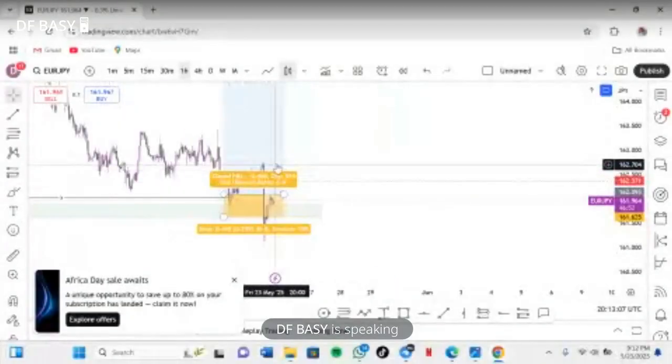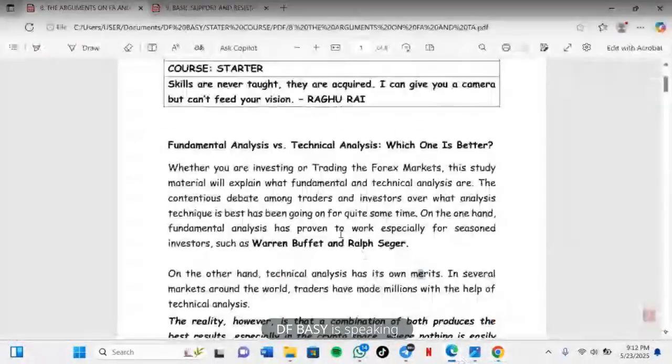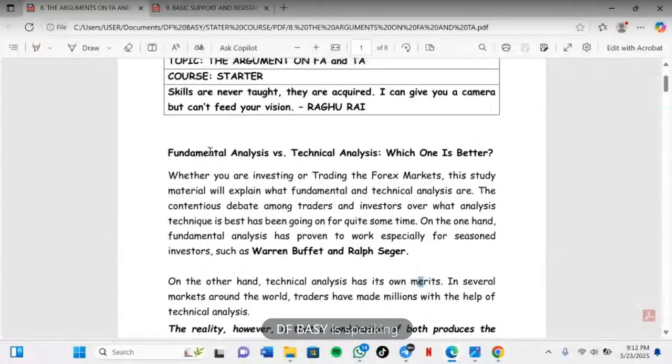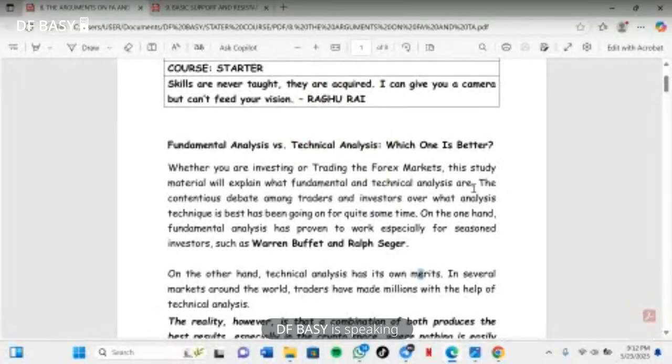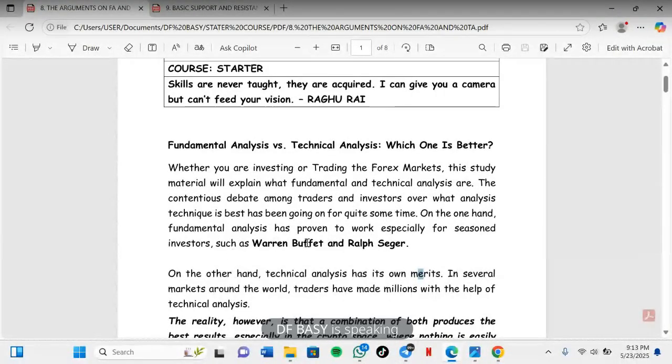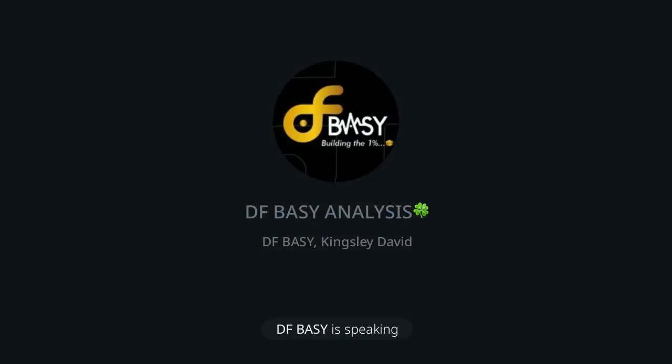Okay, so moving forward, whether you're investing or trading the forex market, this study material will explain what fundamental and technical analysis are. The contentious debate among traders and investors over which analysis technique is better has been going on for quite some time. On one hand, fundamental analysis has proven to work, especially for seasoned investors such as Warren Buffett and Ralph Sager.